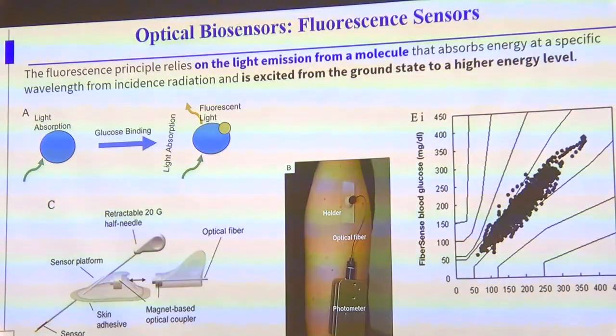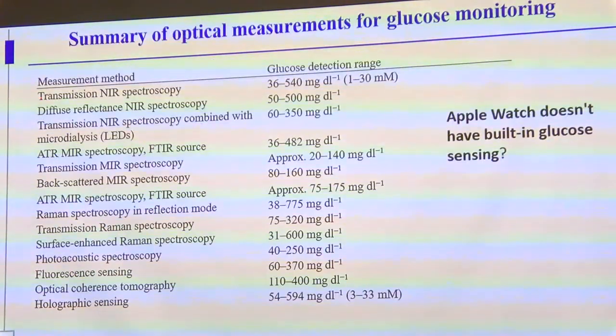And there is one example, the optical biosensor, fluorescence sensor. I picked this one because it is the simplest to understand. Compared to transmission, NIR, etc., fluorescence is the simplest technique you can use for sensing applications here.